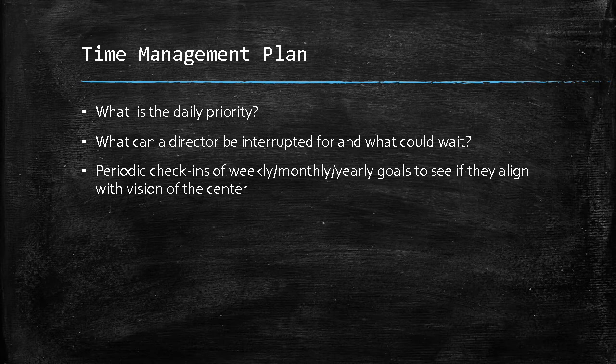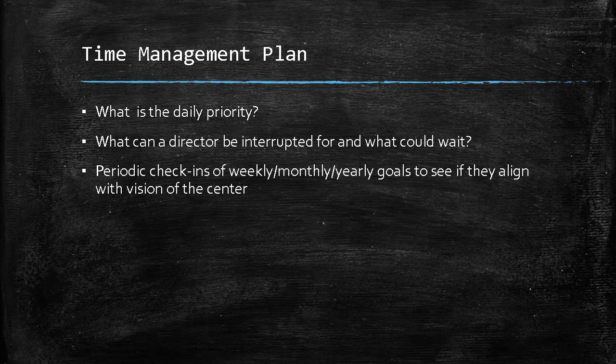Calling the parent, I probably want to knock that out first. It's probably a 9 to 15 minute call, so that's going to be something small. But I know the beginning draft of my enrollment budget for next year is probably going to be a really big duty. It's going to go on for multiple days, so I'm going to probably need the most time out of my day to work on that. So how am I going to do that?